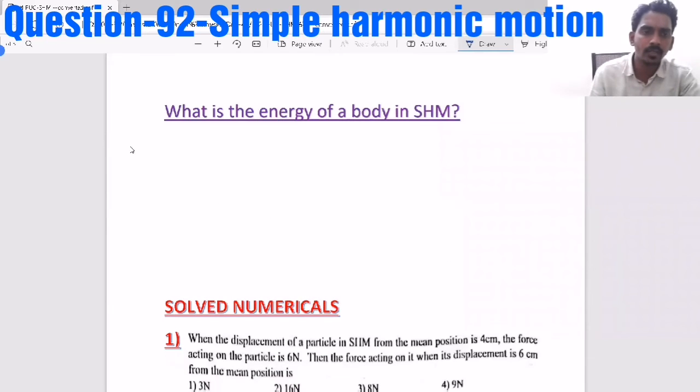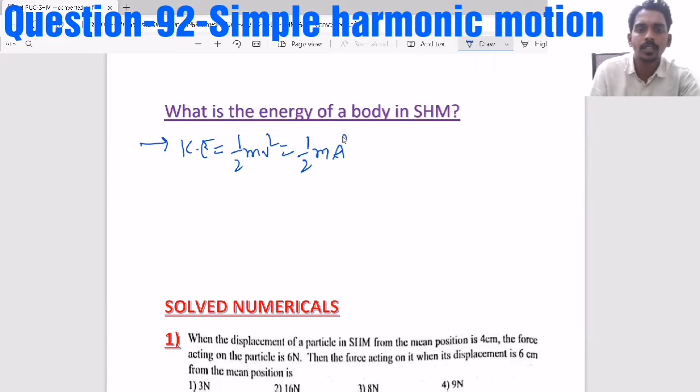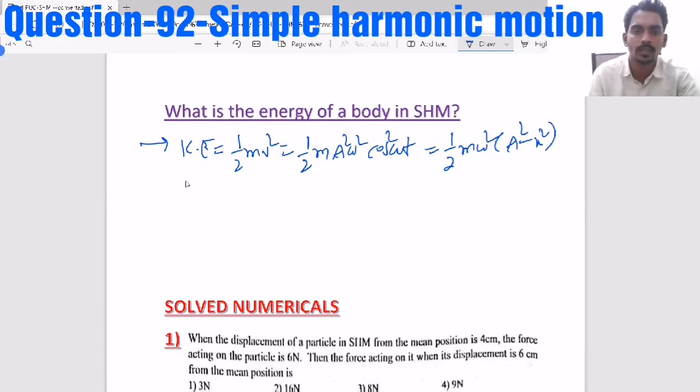Now for such a particle, what is the energy? First, kinetic energy means half m v square. So half m v square means half m a square omega square cos square omega t, or else half m omega square into a square minus x square.